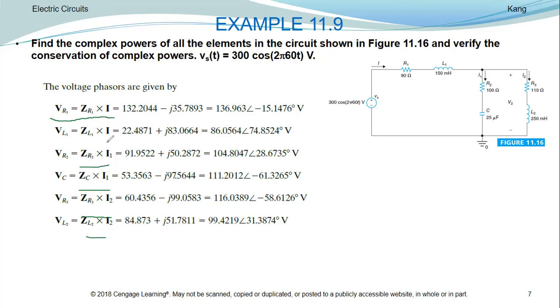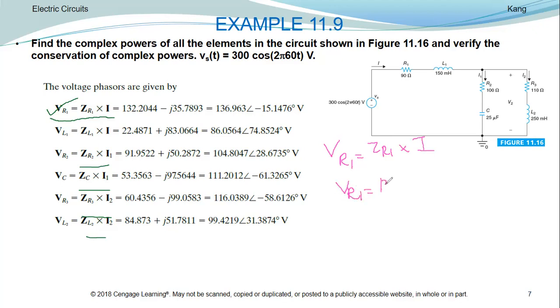So as the values of VR1, VL1, VR2, and then VC, VR3, and VL2 respectively, we can find them by the following. VR1 will be equal to ZR1 with the value of current.